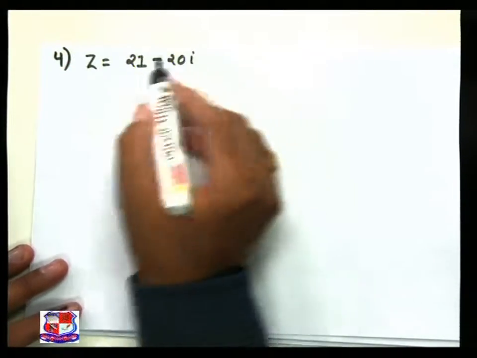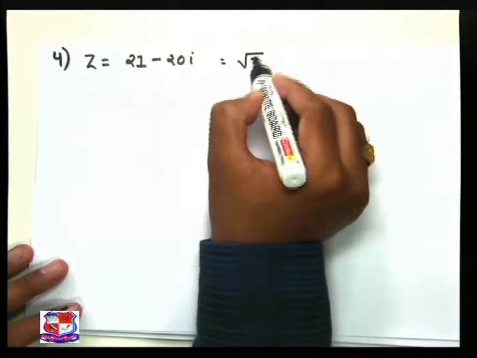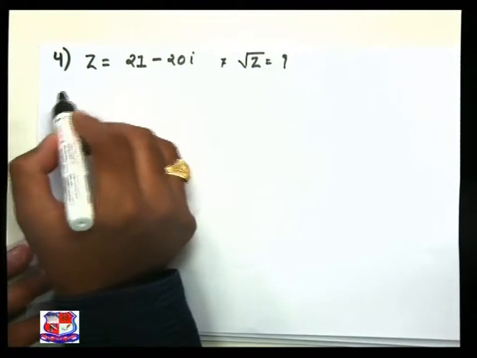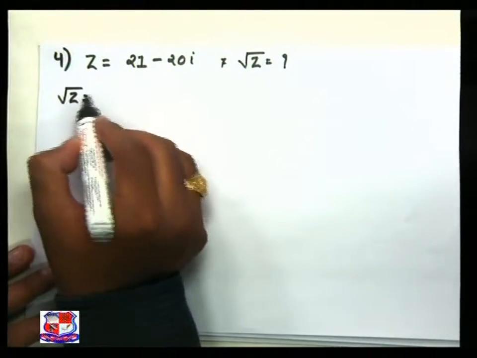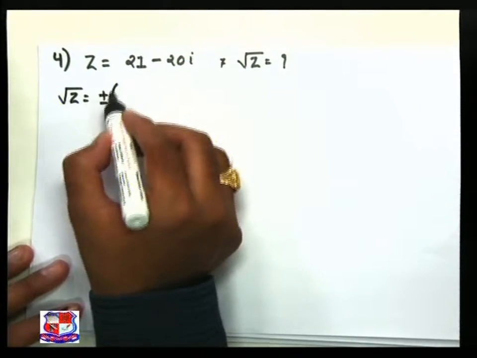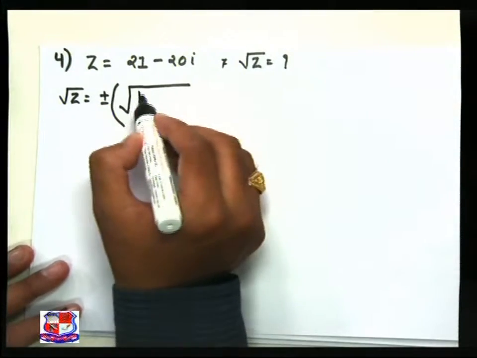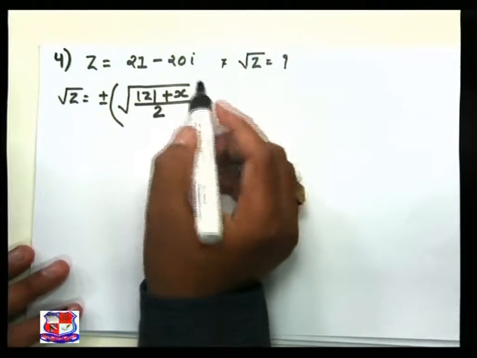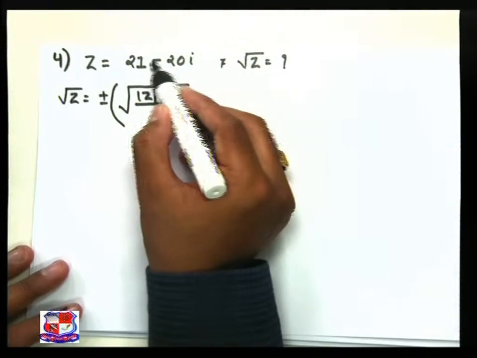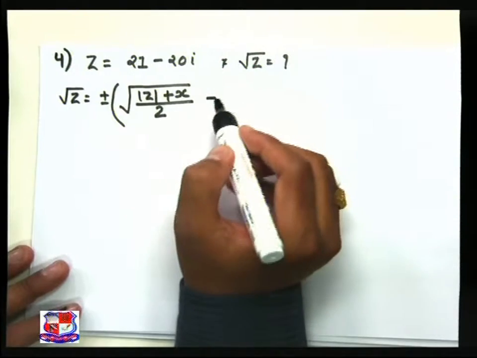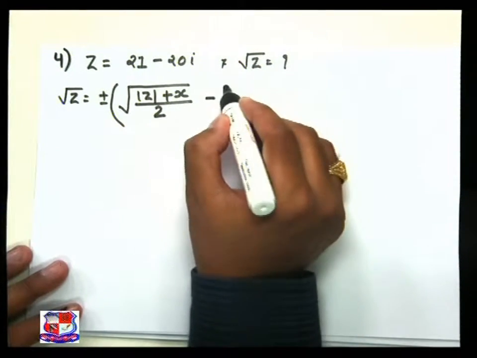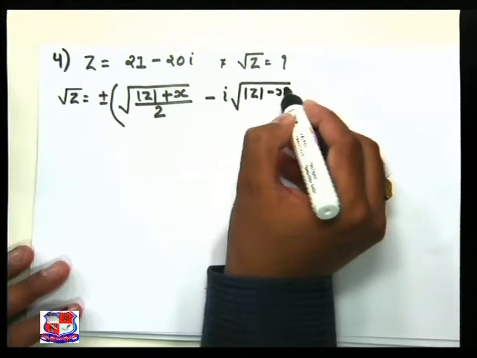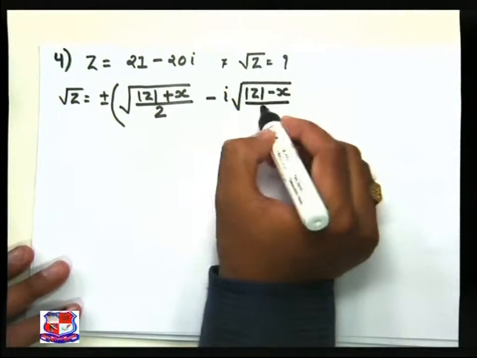So we write down, find value, that is under root of z, that is question mark, and the equation of the square root of z, that is plus or minus under root of mod of z plus x, divide by 2, and here our y value, that is negative, so write here negative, minus sign i under root of same mod of z minus x, divide by 2.